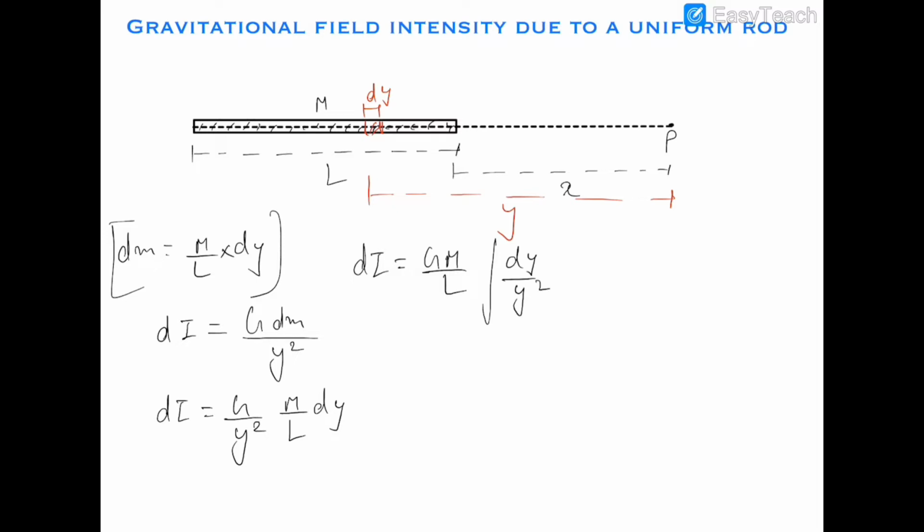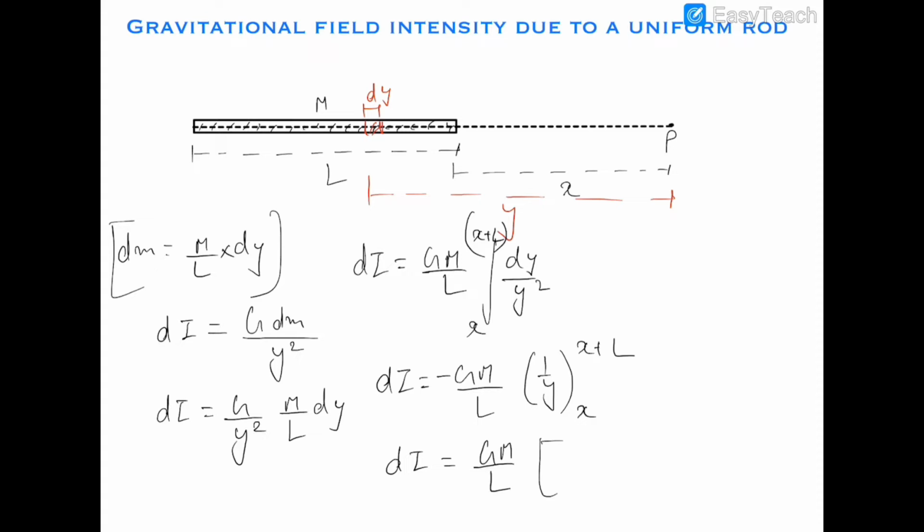The limit of y would be from this end to this end, so from x to x plus L. So dI would be G m by L, and the integration of 1 upon y square is minus 1 upon y, with the limit from x to x plus L. By using this minus sign we can invert the limits, so it would be 1 by x minus 1 by x plus L.